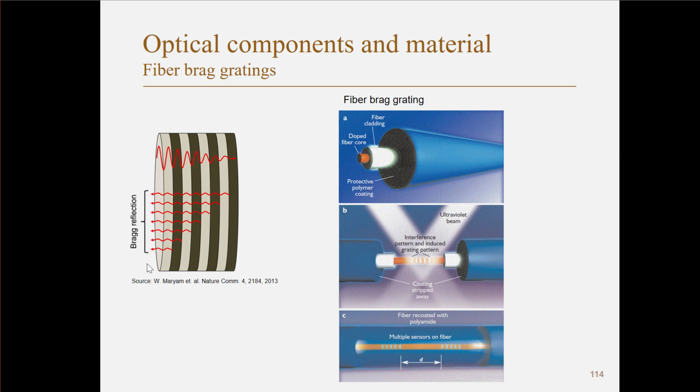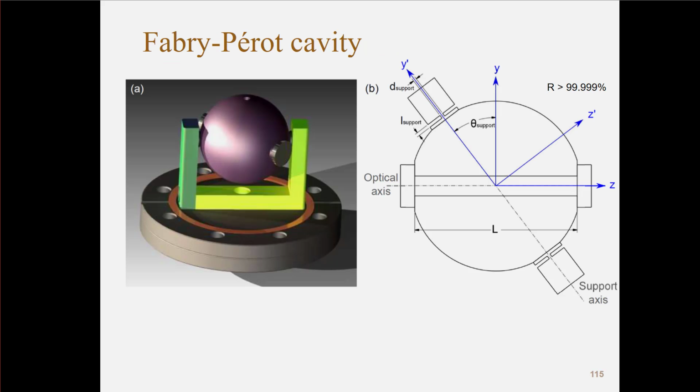I would also like to say that these mirrors can have a reflectivity as high as 99.999%, so very, very high reflectivity. One example where this is used is for laser stabilization, where you place one mirror on one side over here and one mirror over here.